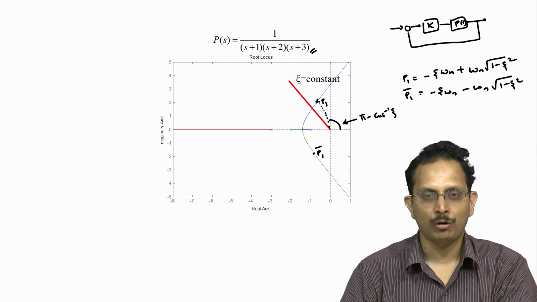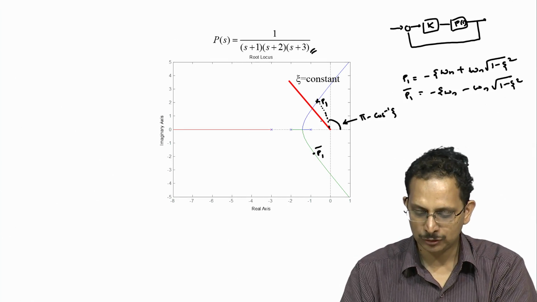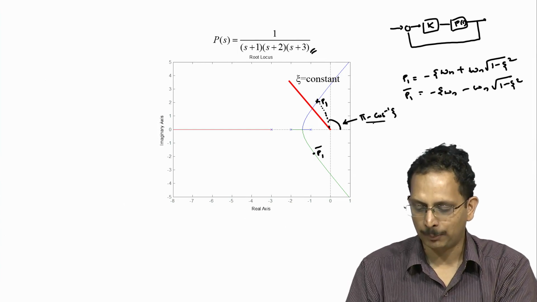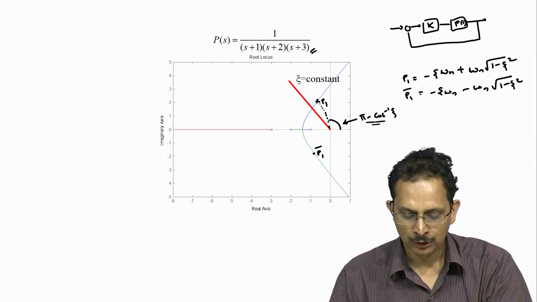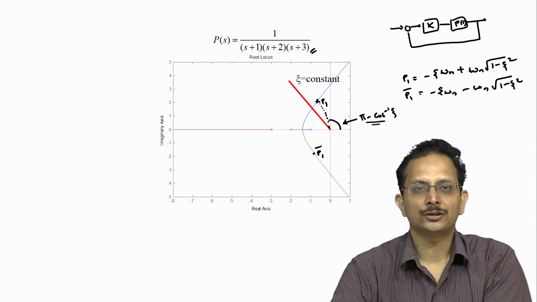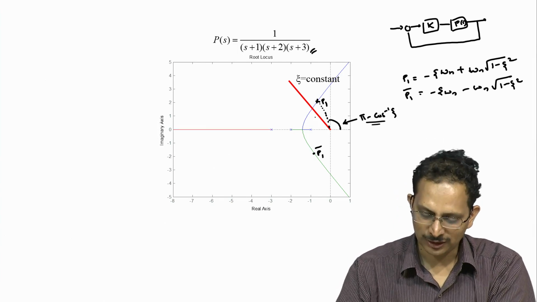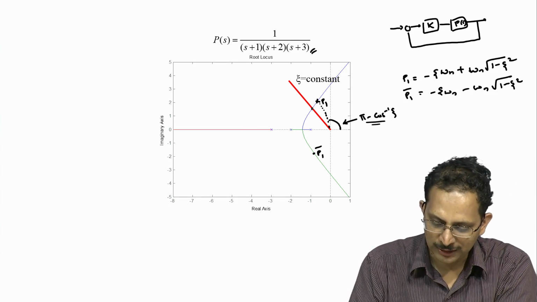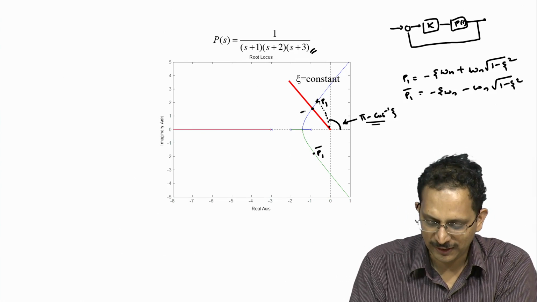So zeta equal to constant is a straight line that passes through the origin and is inclined with respect to the real axis by this angle pi minus cos inverse zeta. So the most simple application of root locus is to first draw that straight line and find where that straight line intersects the root locus, and that turns out to be this particular point here.